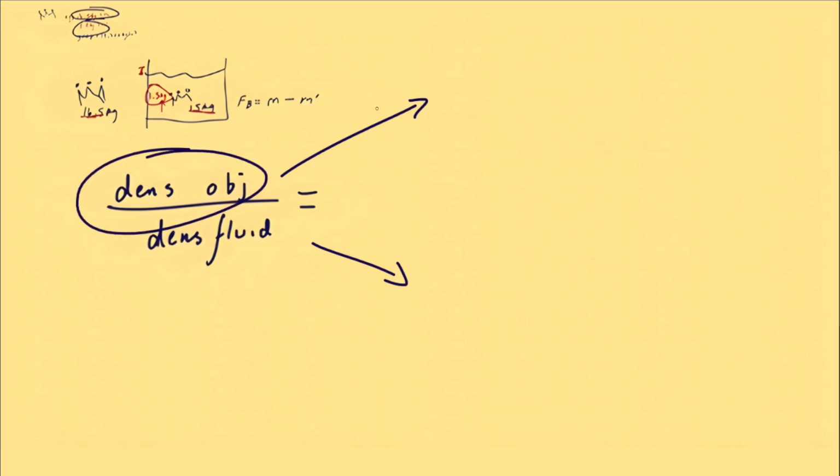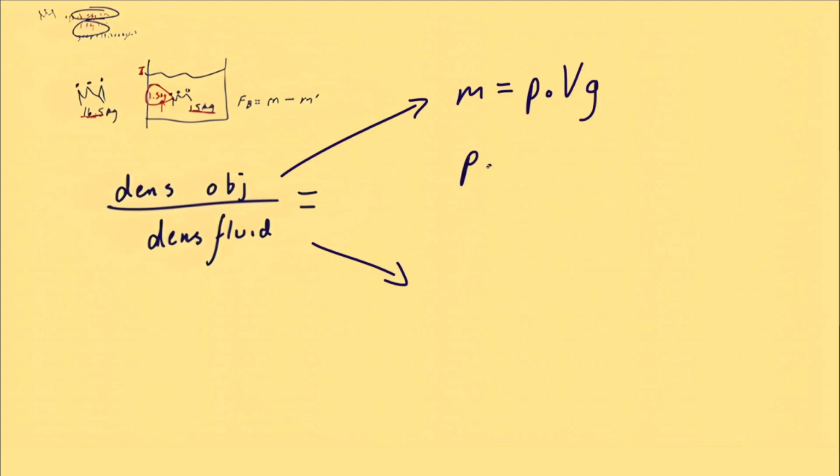So let's begin with the density of the object, which is our crown. There's an equation that includes density, which is mass equals density of the object times volume times gravity. Solve for density by dividing by Vg, and you get density equals mass divided by Vg. For density of the fluid, what equation has fluid density in it?